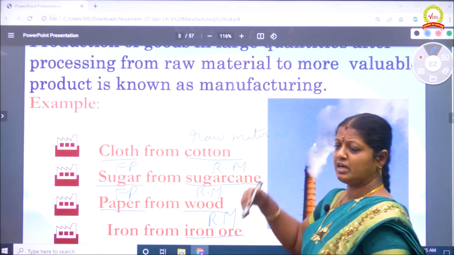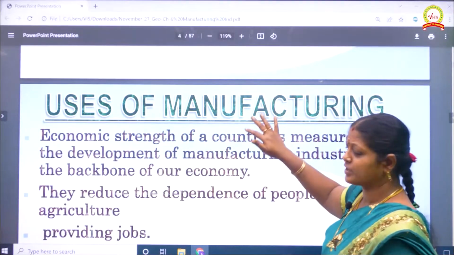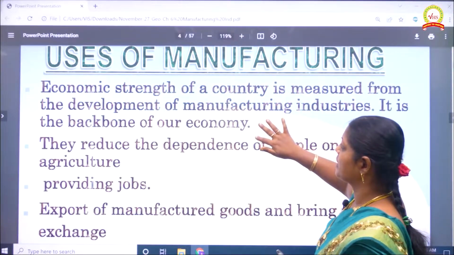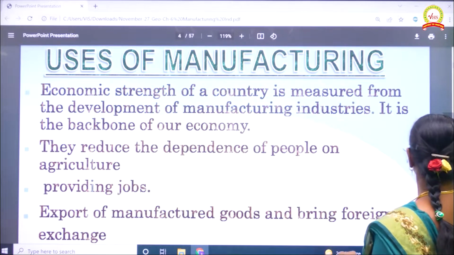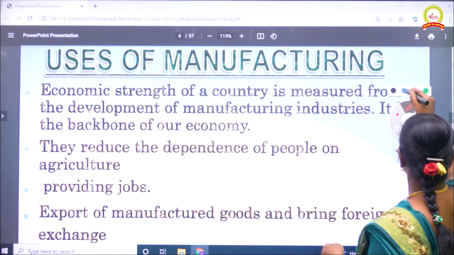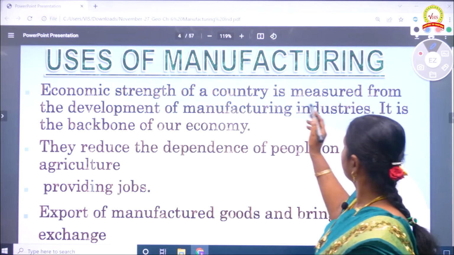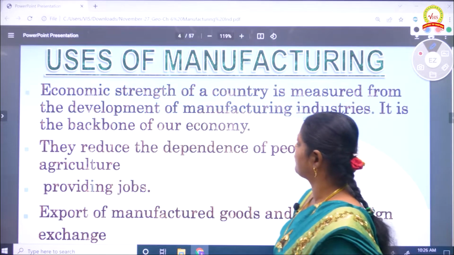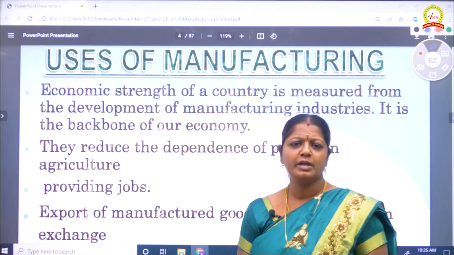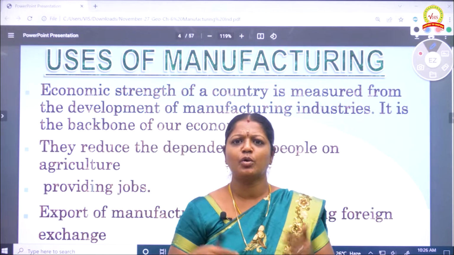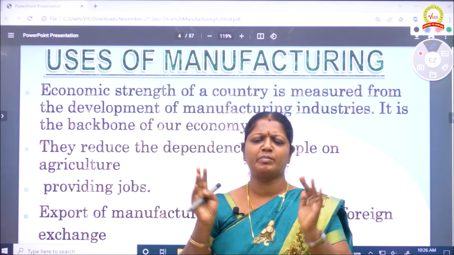Now let us go to the next topic. What are the uses of manufacturing? Here they have given you the uses of manufacturing. The economic strength of a country is measured from the development of manufacturing industry, and it is the backbone of our economy. They are telling that without manufacturing you cannot see a country's development. A country's development comes from the industries.